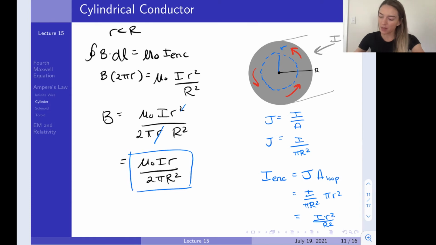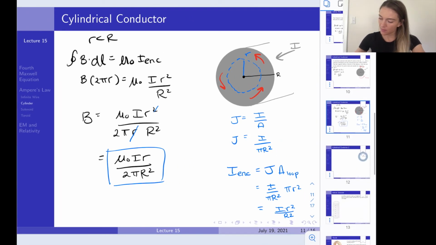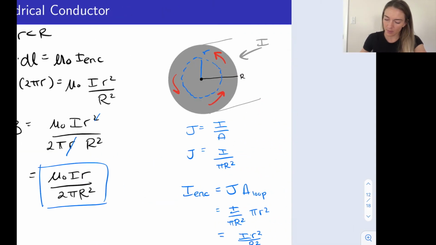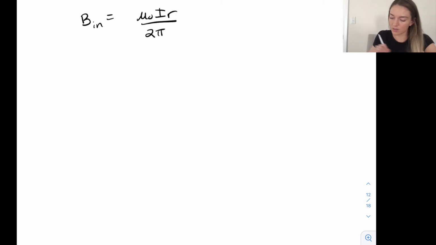Now, just to have a visual, if we were to plot this, let me rewrite these magnetic fields again. So B inside, we had mu naught I r over 2 pi R squared, and then outside it just looked like that of a current carrying wire.